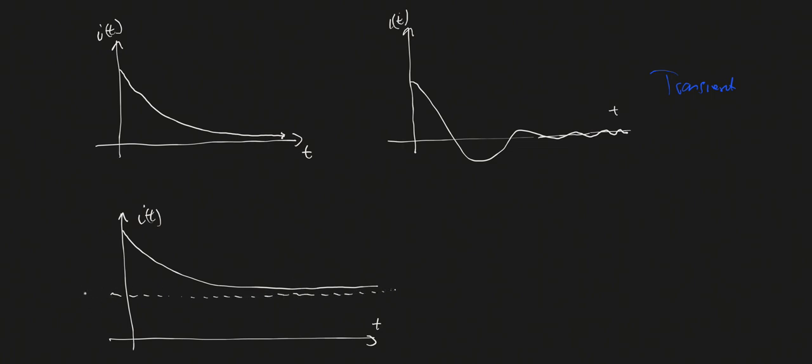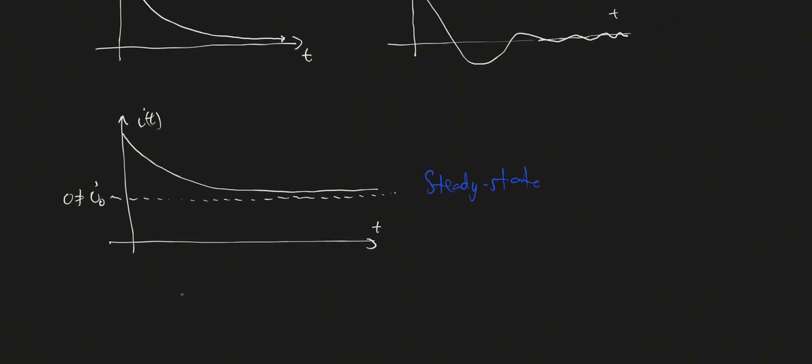Whatever this is, I'll just call it I sub 0, which is not equal to 0. And this would be the steady state value. So the response here now would be steady state. This would be an example. There are other ways the graph could look. I'm just drawing examples to illustrate each of them.